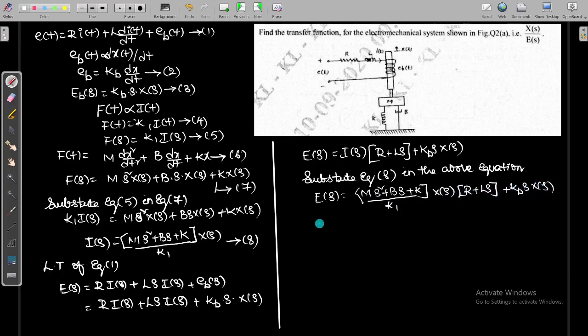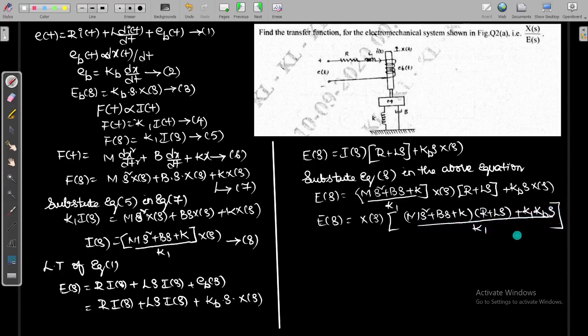Now the entire equation is in terms of E(s) and X(s). So take X(s) out as common on the right hand side: (ms squared plus bs plus k)(R plus Ls) plus k1 Kb s, divided by k1.